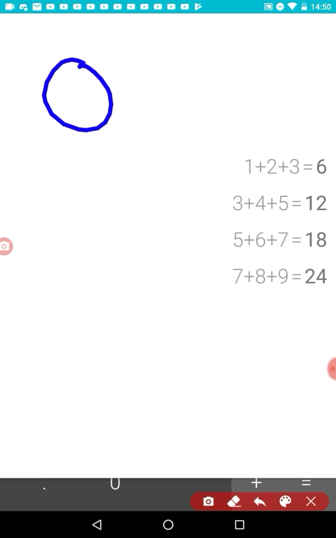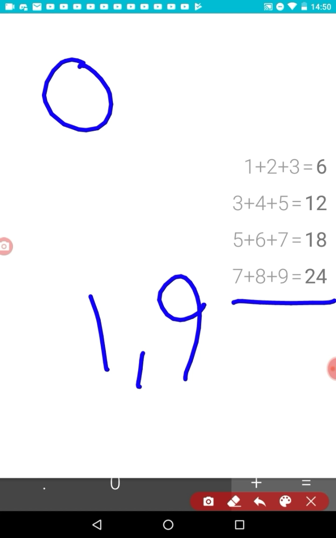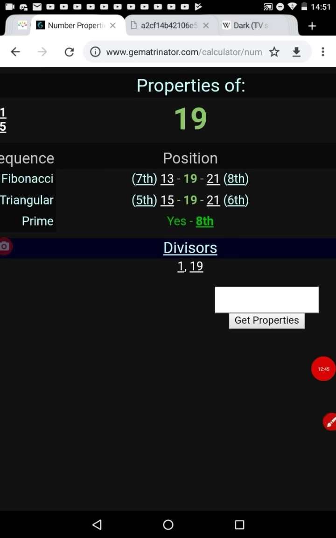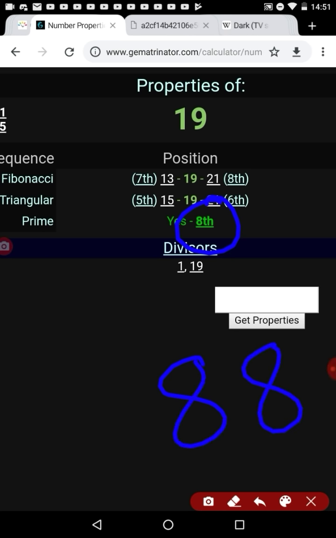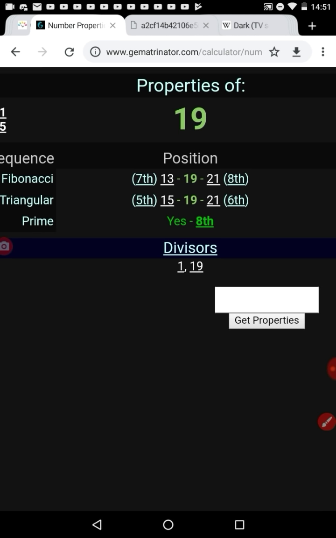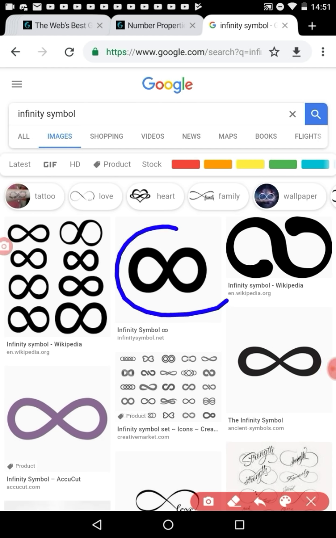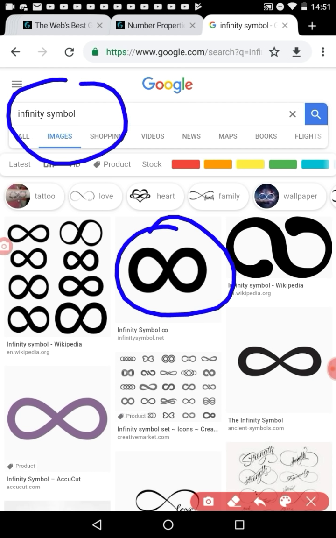So we used 1 through to 9 for this example. 19, the 8th prime. 8 being a time number, of course, for double 88. And the infinity symbol on its side represents infinity, space and time constantly going round and round, crossing over into itself.